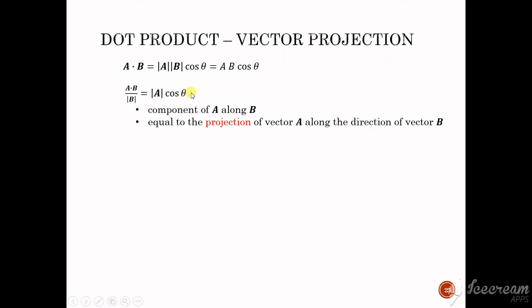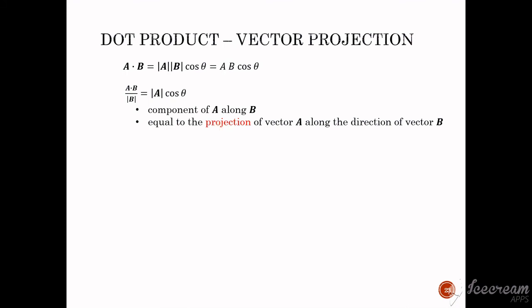The vector projection is given by this equation over here, which we get by rearranging the equation of the dot product, and it is equal to A dot B over the magnitude of B. So this A cos theta is equal to the component of vector A along the vector B. So this is equal to the projection of vector A along the direction of vector B.